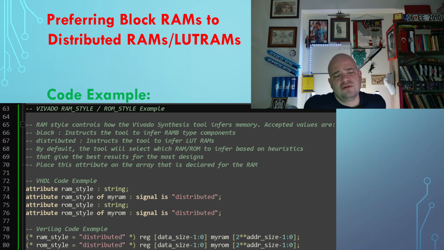This kind of VHDL synthesis attribute is a string type. And then you provide attribute ram_style of myRAM. The myRAM signal here is defined before. It's a two-dimensional array. And then you provide a colon, and signal is distributed. Here distributed RAM is preferred.